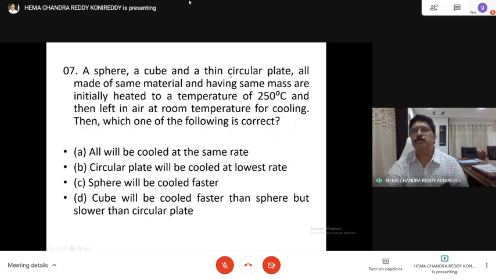A sphere, cube, and circular plate, all made of the same material and having the same mass, are initially heated. Same material, same density, same mass. That means mass is equal to density into volume, and when density and mass are the same, volume shall also be the same. What are the three things?